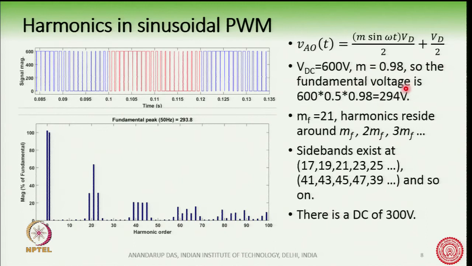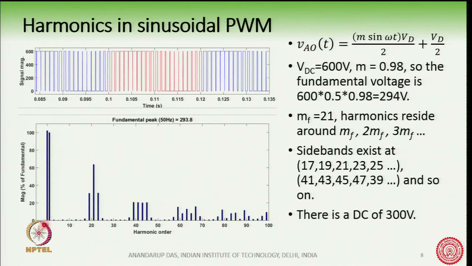So, the peak fundamental voltage is m times Vd by 2, that is 600 into 0.5 into 0.98, which is equal to 294 volts. That is the peak fundamental voltage out of the half bridge converter.